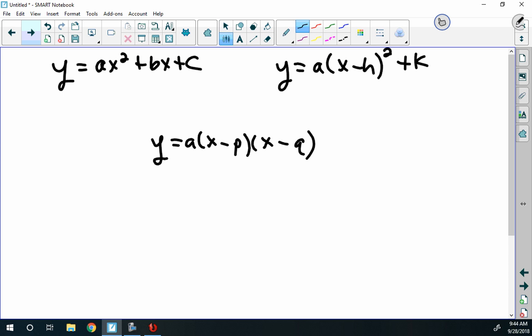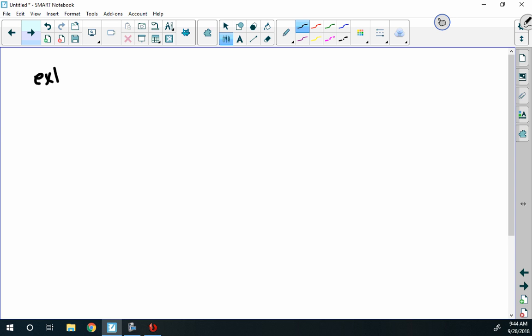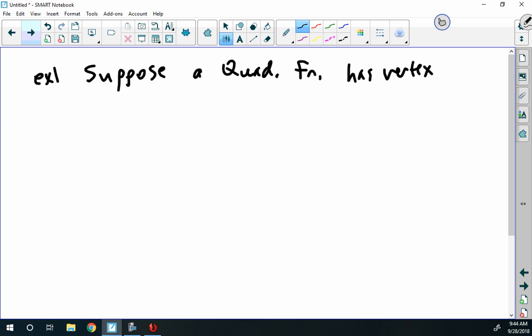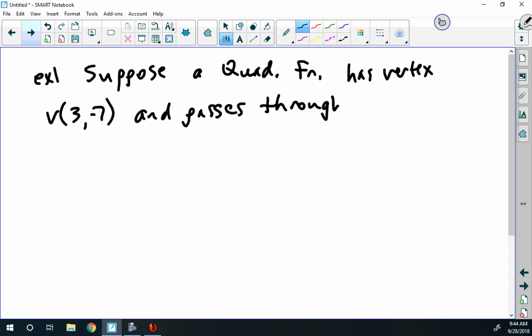Okay. So here we go. Example 1. Let's get right to it. Suppose a quadratic function has vertex V at (3, -7), and passes through some point, we'll call it P, capital P, not to be confused with little p.